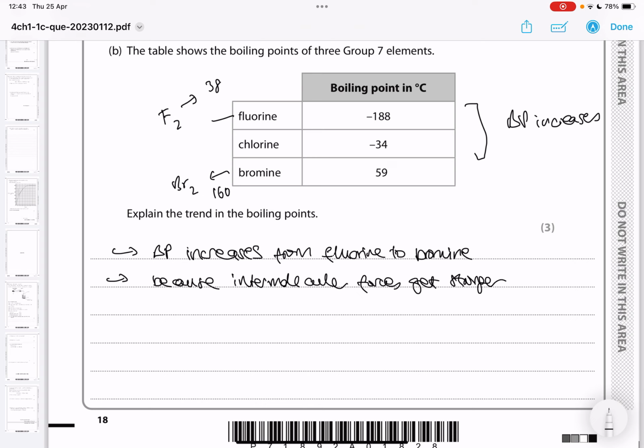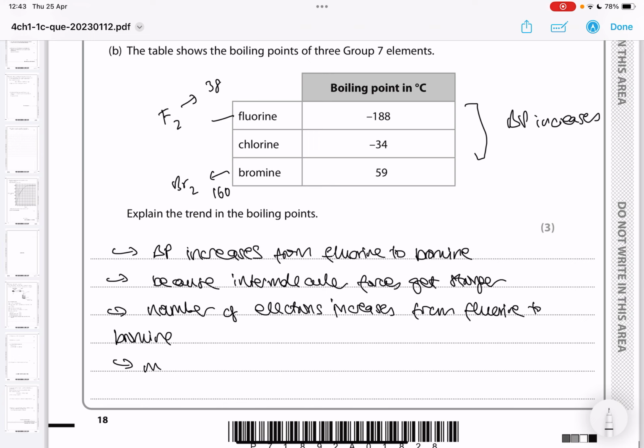And the reason why they get stronger is because the number of electrons increases from fluorine to bromine, and therefore more energy is required to overcome the intermolecular forces.